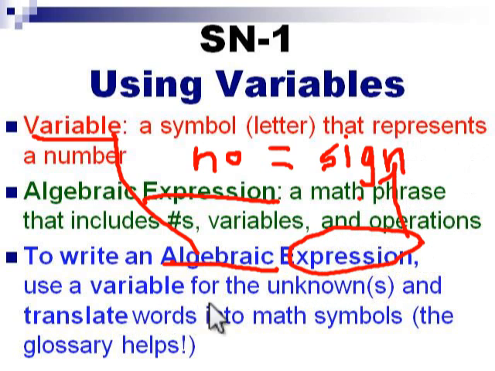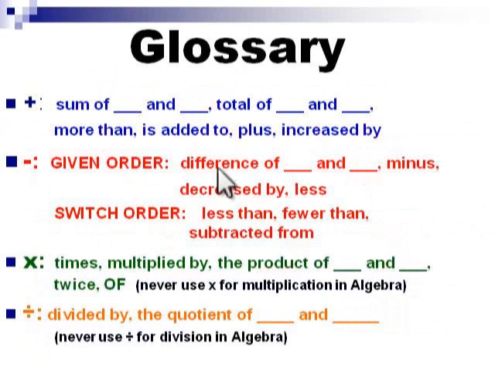So you're going to write a variable for whatever the unknown thing is, the number of cats, the cost of something, whatever, and then you're going to translate the rest of the words into math symbols. The glossary helps. In the next slide, you will see a glossary that gives you the expressions or words that you will be translating into the different math symbols.